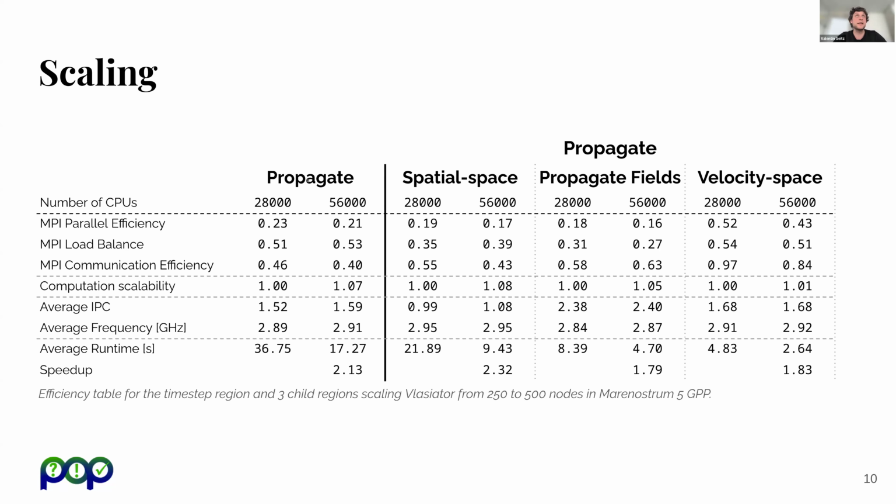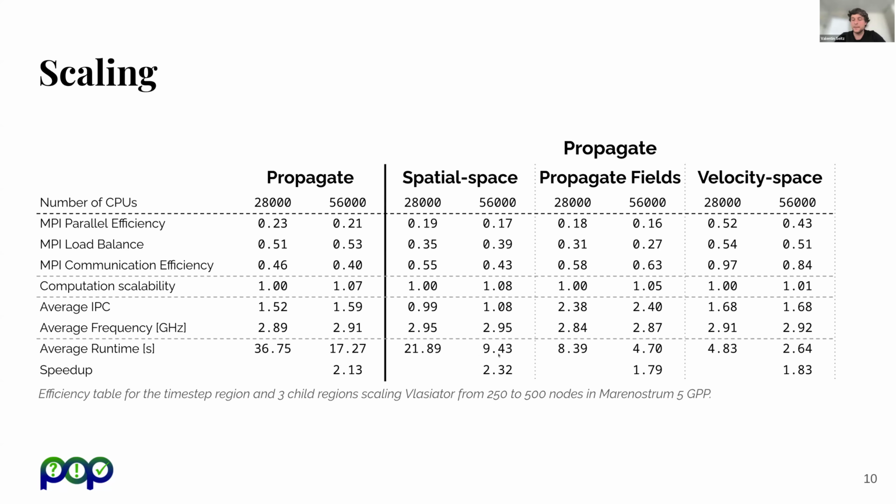Because of space reasons, I just put the time step region here, but it basically includes all the other three regions. So propagate is the parent, or higher up region, of spatial space, propagate fields and velocity space. This also makes sense if you look at the timings. This one is, for example, 17 seconds at 500 nodes, and then spatial space takes around 9 seconds.